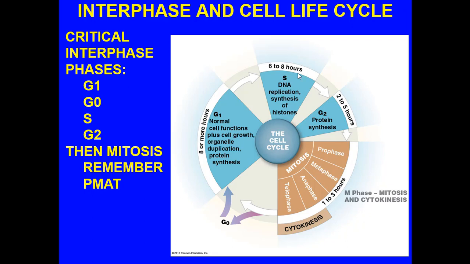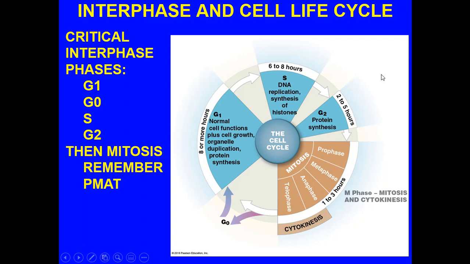And by the way, in doing this process of DNA replication, remember you have to have what they call proofreading. In other words, if you make a mistake and put an adenine where guanine should have been, some of the proteins will correct that error, kick it out, and put in the right one. When you get done with S, which takes a large amount of time, you go into the G2 process.